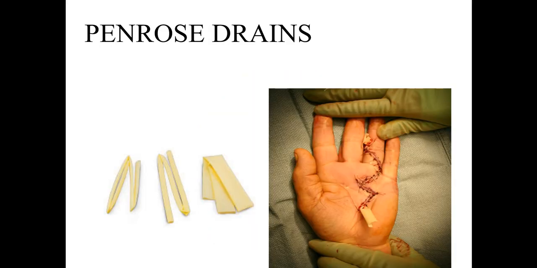And a Penrose drain is used to facilitate, to kind of keep a wound open. Okay, a pin is usually placed in there to prevent that covering from advancing into the wound. Alrighty.